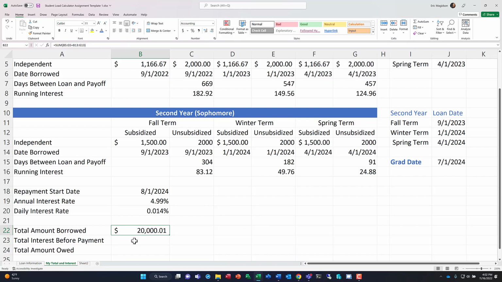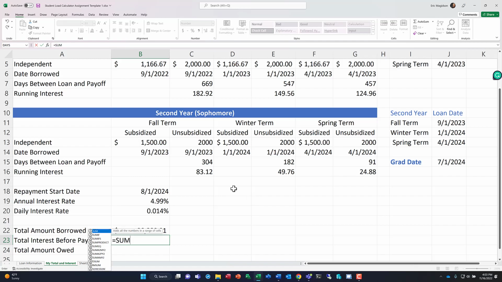Total interest before payment. What do we mean before payment? Well, I haven't made a payment yet, right? So all that interest we see has accrued. Now here, because there are no values that I'm going to include in these cells, I am going to do a long formula to make it very clear to anyone that would audit my calculations, which anytime you're using someone else's spreadsheet, you're responsible for it. You better audit the calculations to make sure they're correct.